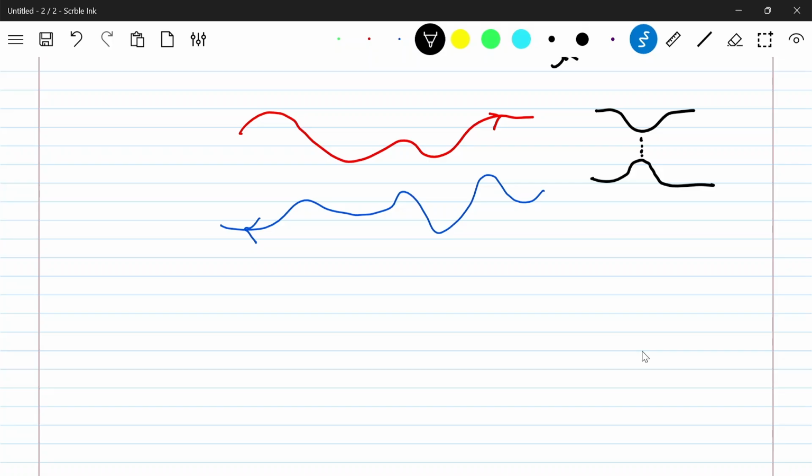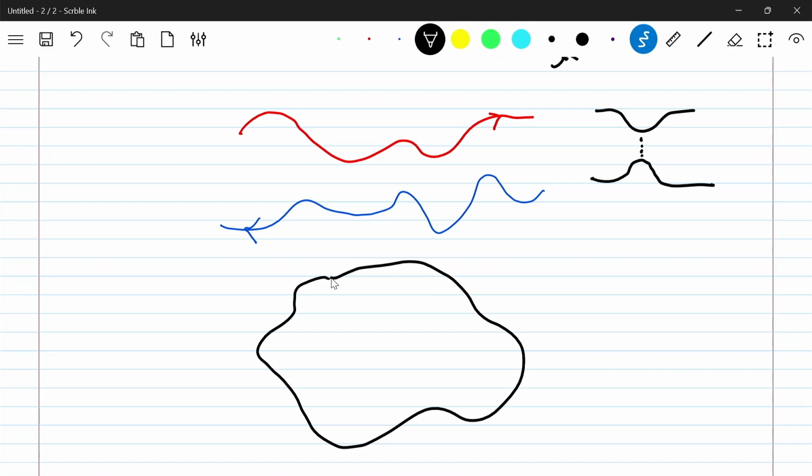So instead of thinking of a Hall bar or some particular geometry, let us take an arbitrary shape of a paddle. It's a paddle of a quantum Hall fluid, which is defined by some confining potential, okay? Let's say some electrostatic potential that in a semiconductor confines the electrons to a region.